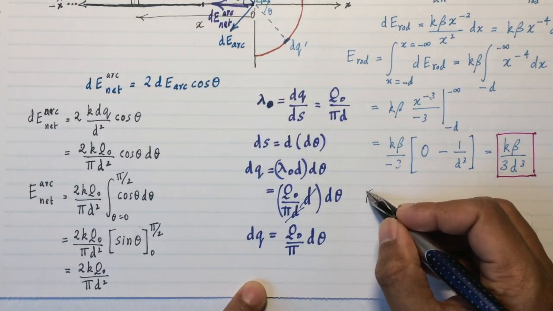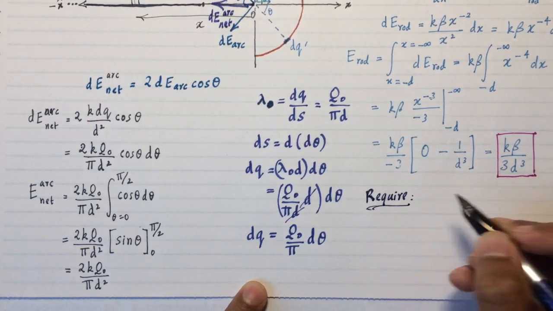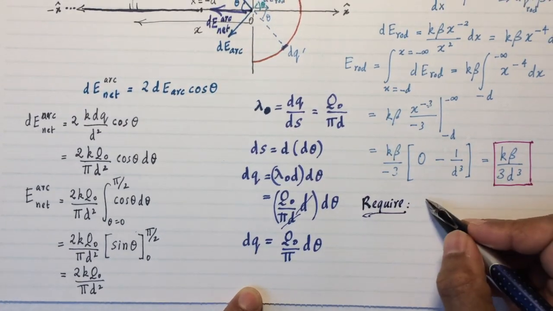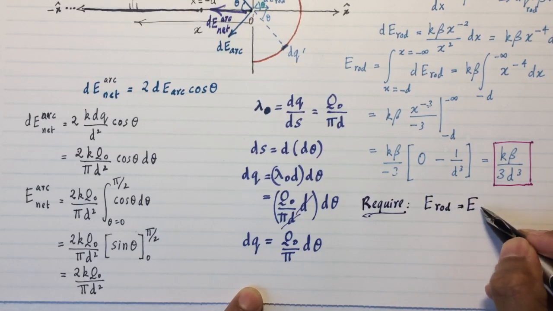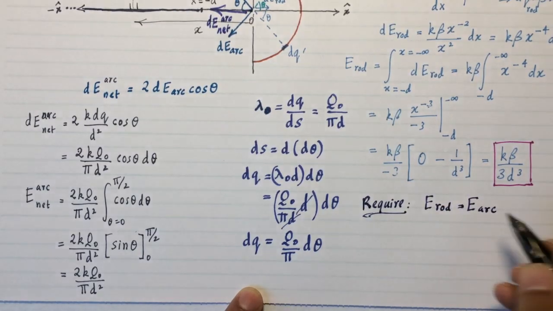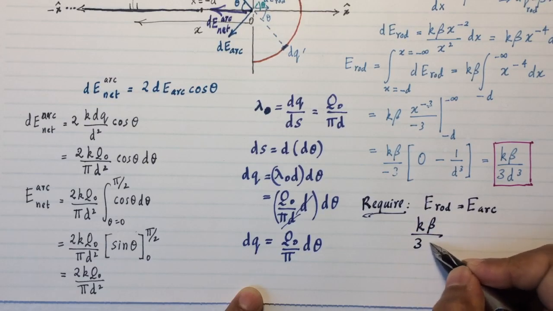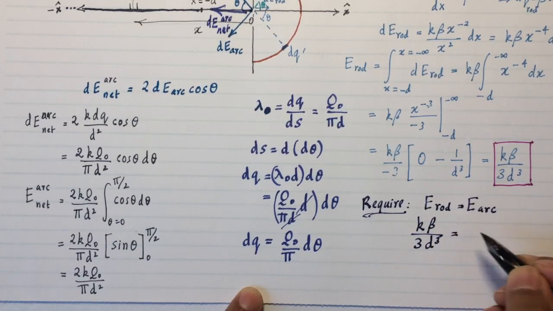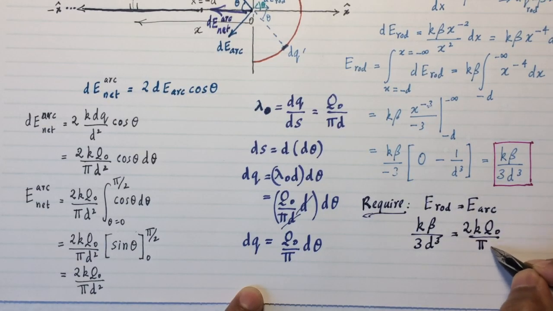Require E rod is equal to E arc. So I get k beta over 3 d cubed is equal to 2k q naught over pi d squared.